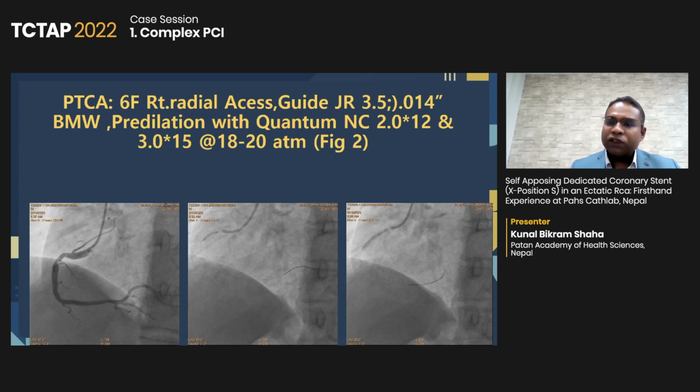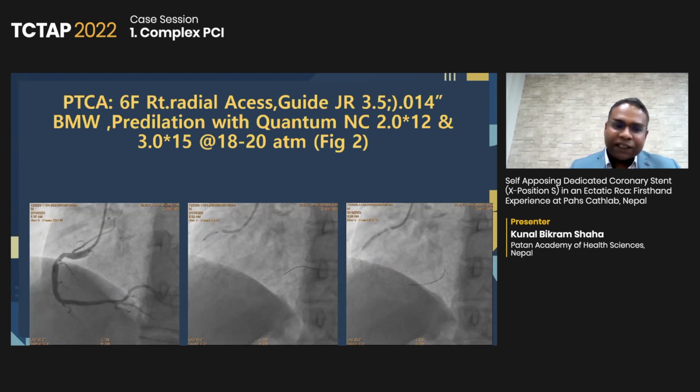Second is adequate lesion preparation, because the stent balloons of this sort of stent are not designed to expand the stent. Basically, they are to split the splittable outer sheath, which I'll be showing you in the picture afterwards. Let's go one by one.